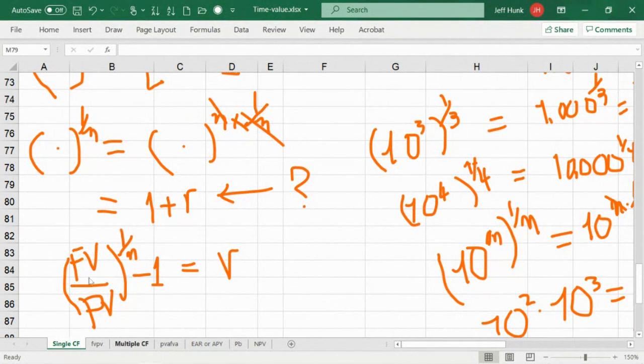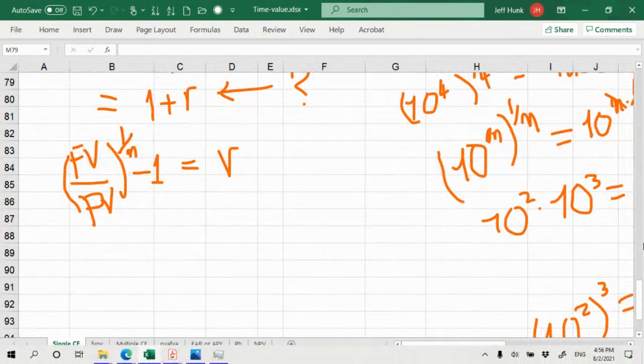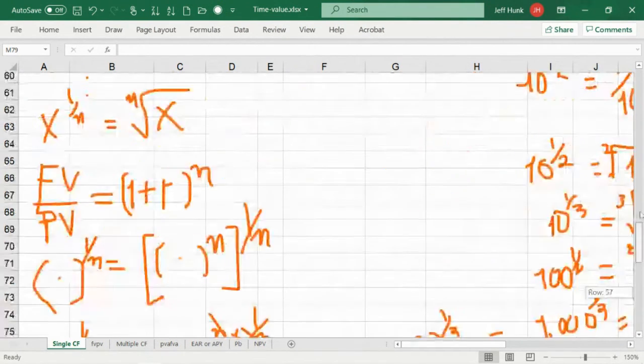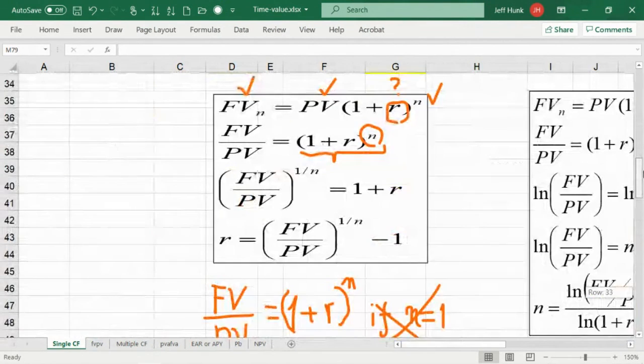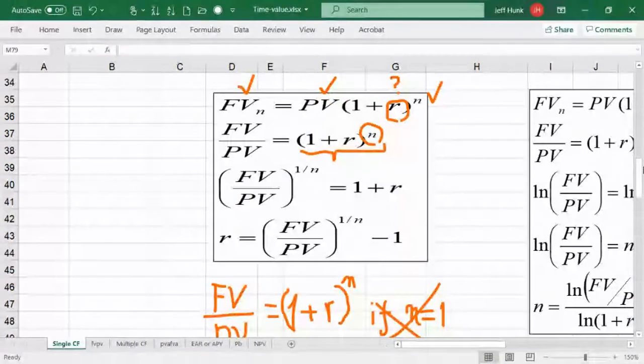So this is the formula. This is how that formula was derived. It's really hard to teach this way, and when students don't have a strong math background, I have to reteach everything from scratch, and there's no time for that.